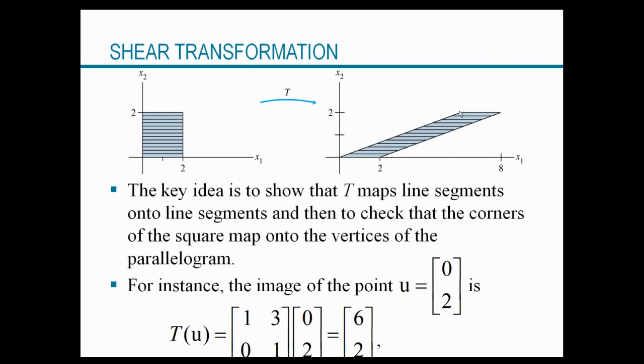If you look at the top line segment, the left-hand corner on the top line segment in the parallelogram will correspond to the coordinate 6, 2. So if you were to use this matrix and multiply it by every one of the corners, you would get the 4 corners of the parallelogram under the transformation. That's what this example is talking about.